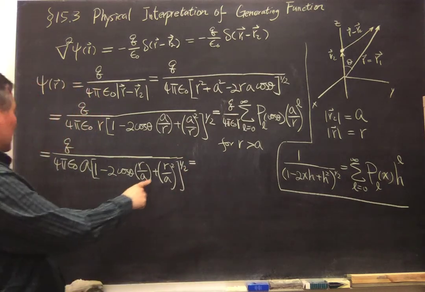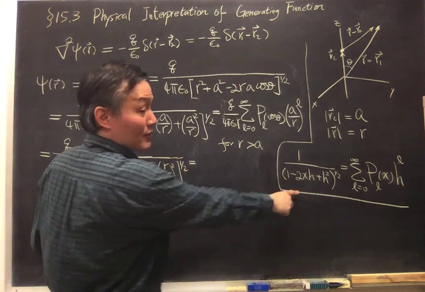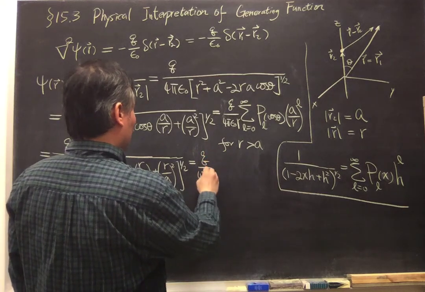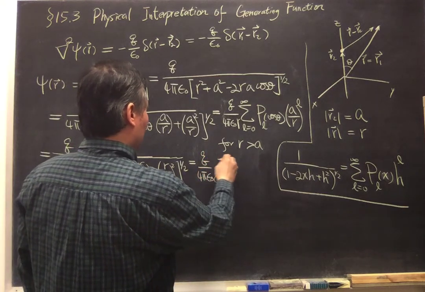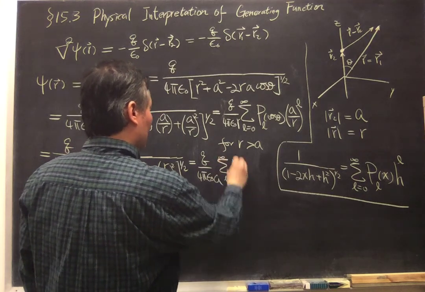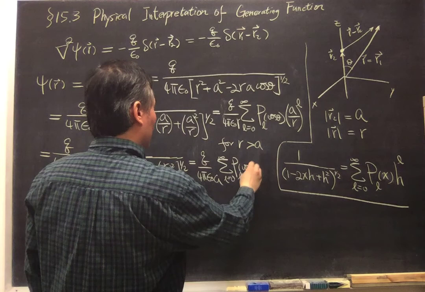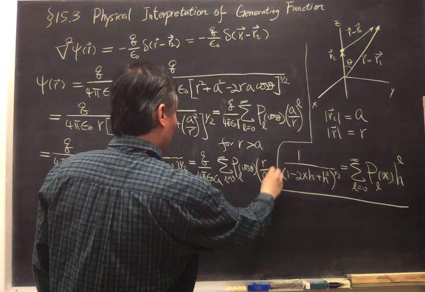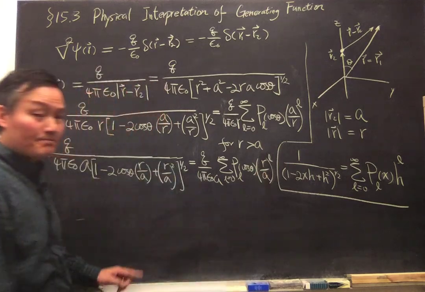Comparing this with the generating function, we have the sum over L from 0 to infinity of P_L cosine theta times R over A to the L power.